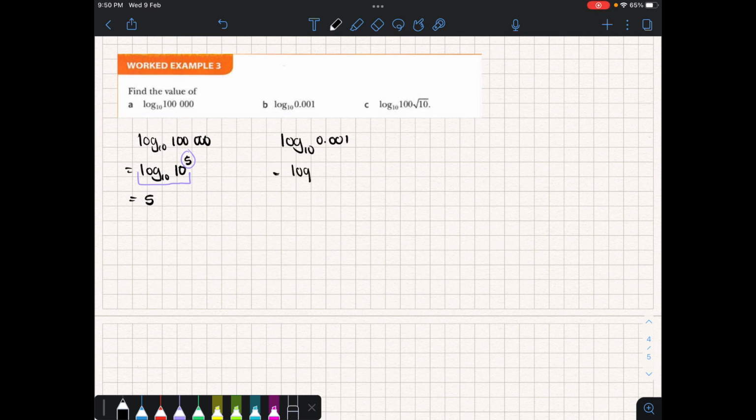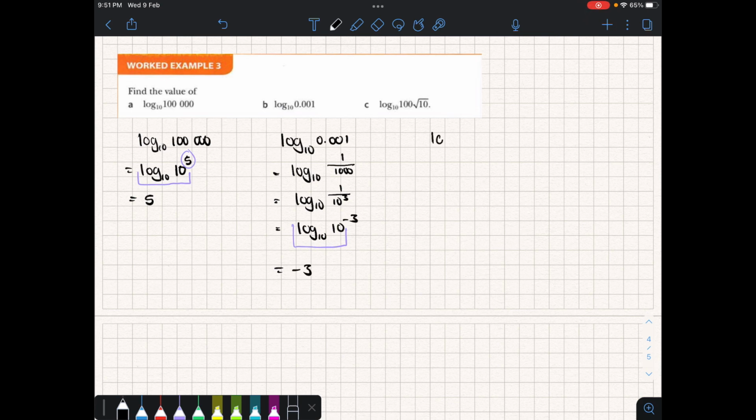We can say this is log of 10 to the power of, well, that's 1 over 1,000, which is the same as log base 10 of 1 over 10 to the power of 3, which is the same as log base 10 of 10 to the power of minus 3. And once again, here we have a log. The base and the value are the same, and so we can simplify into the exponent.